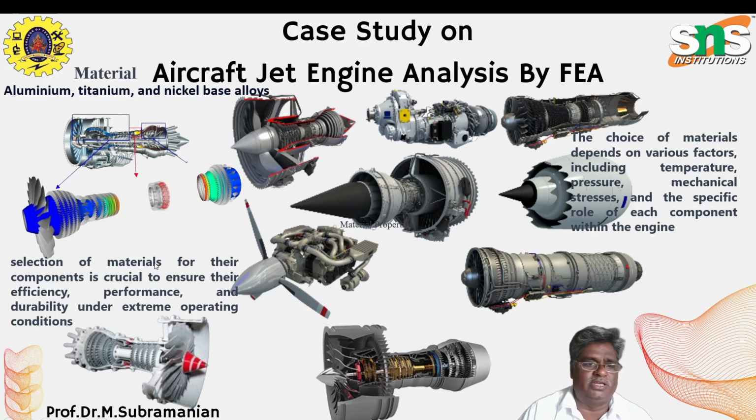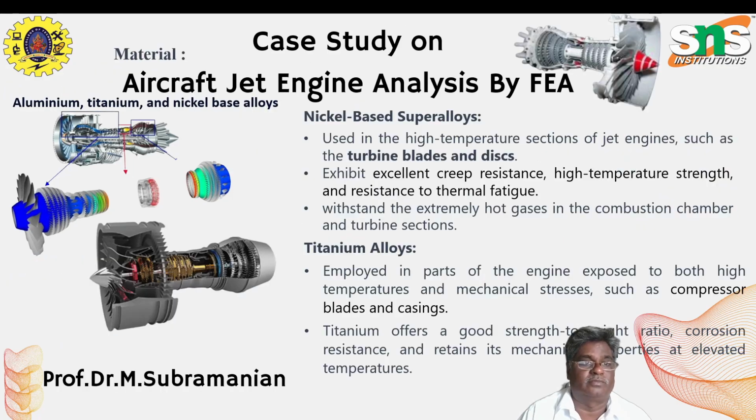The selection of the material is very important for aircraft jet engine components. It is crucial to ensure their efficiency, performance, and durability under extreme operating conditions. The choice of material depends upon various factors, including temperature, pressures, mechanical stresses, and the specific role of each component within the engine.